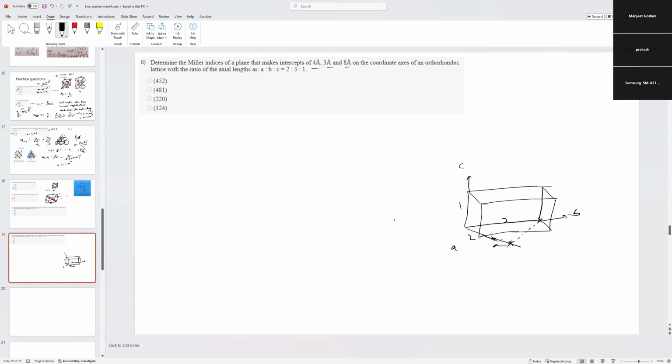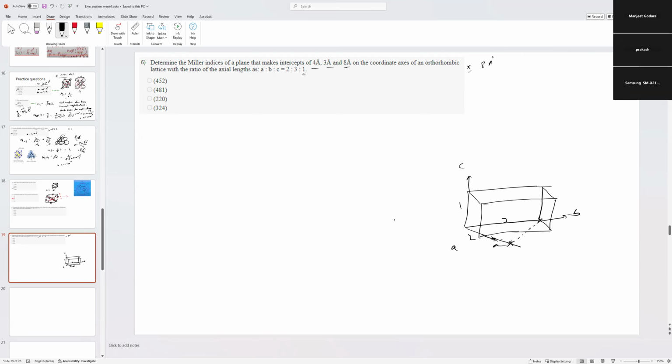And we just need the third point, which is 8 times this length, so maybe somewhere up here. Yeah, 8 angstroms.